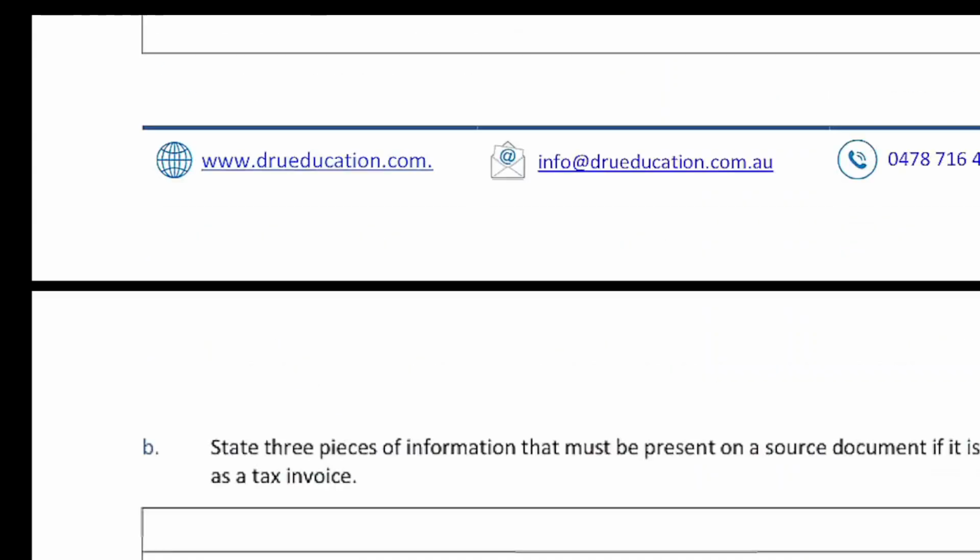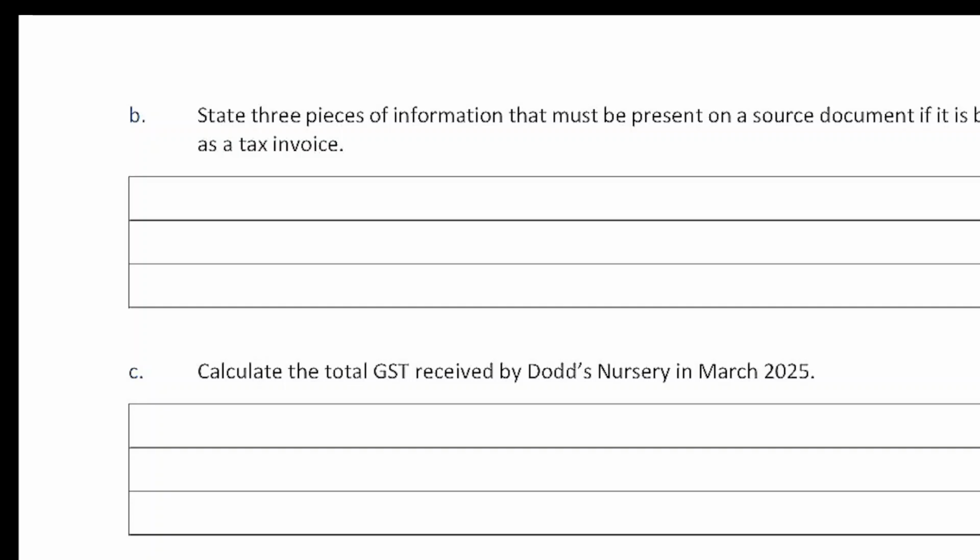Right. Okay. Part B. State 3 pieces of information that must be present on a source document if it is to be used as a tax invoice. What do you think?